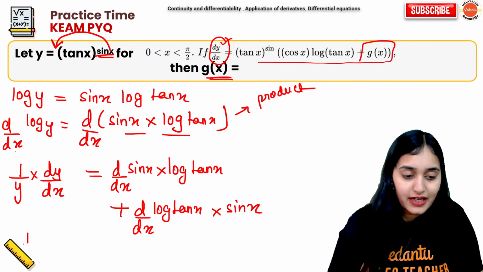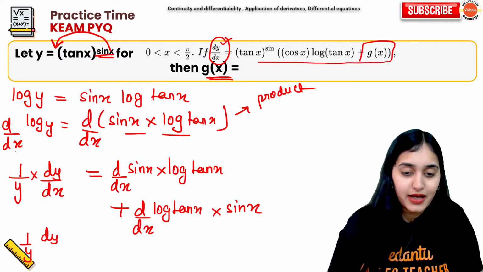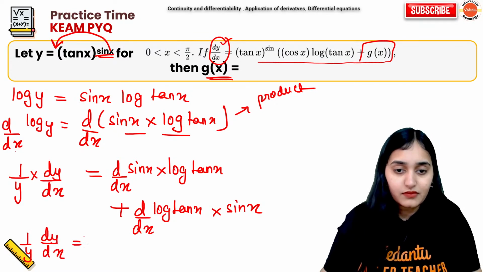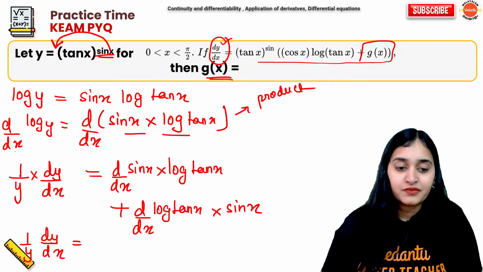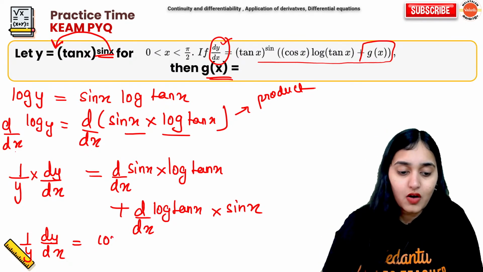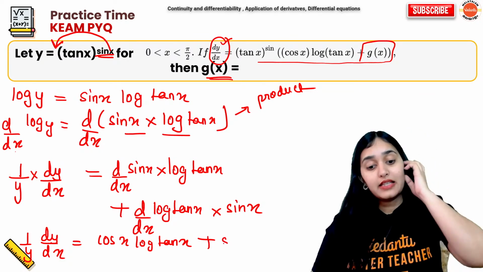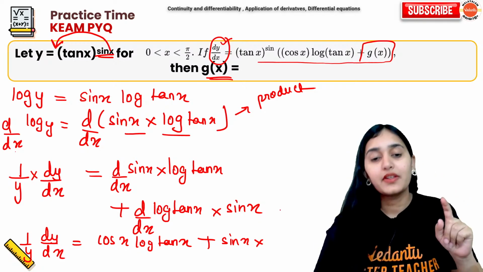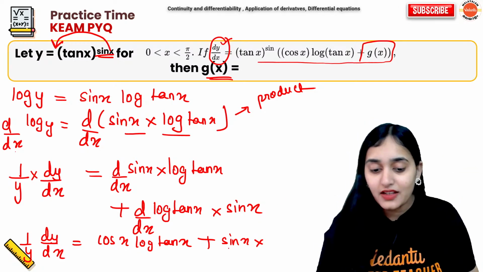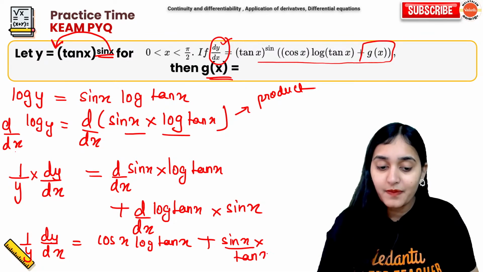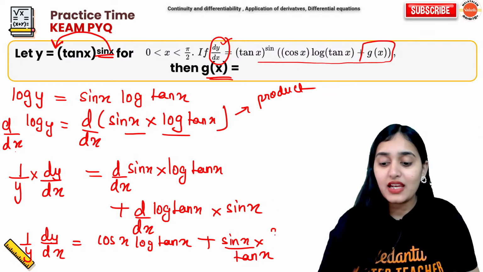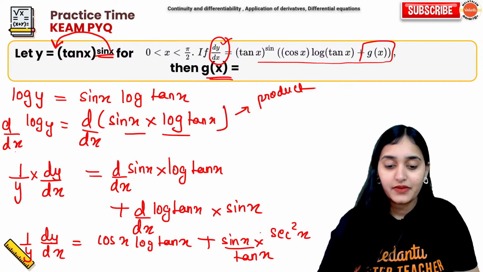So you simplify it. 1 by y dy by dx is equal to d by dx of sin x is cos x log tan x plus sin x into log tan x differentiation is 1 upon tan x and tan x differentiation is secant square x.